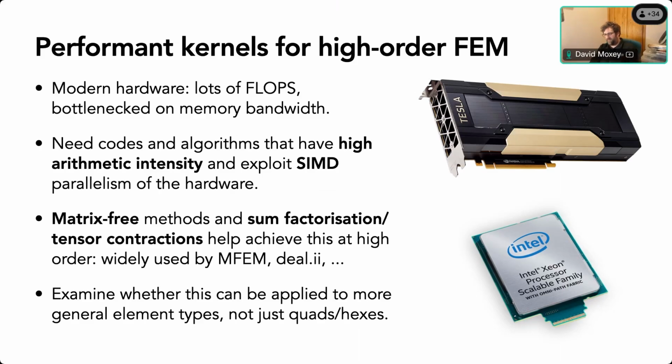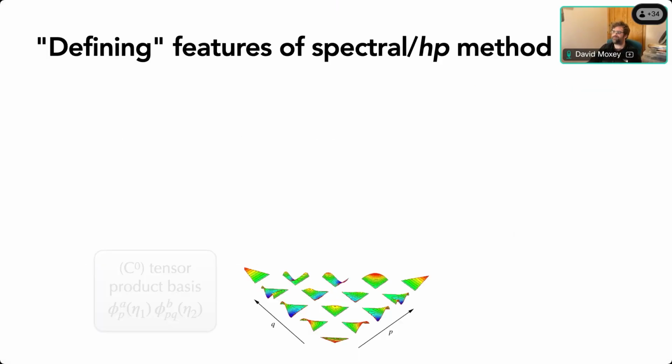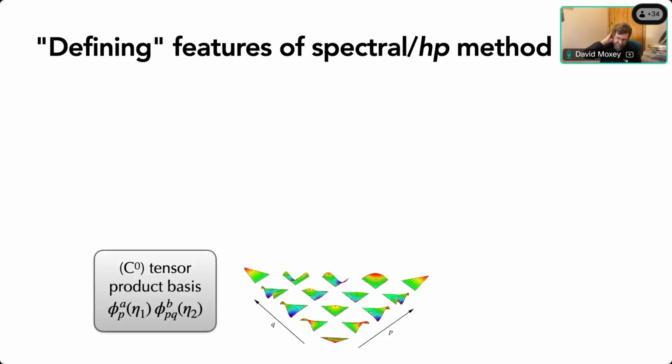So really, we've been examining whether this can be applied to more general element types, particularly some factorization, because this relies on the tensor product structure of a quad or a hex in order to work in the first place. So let me talk about the spectral/hp element, what I mean by this.